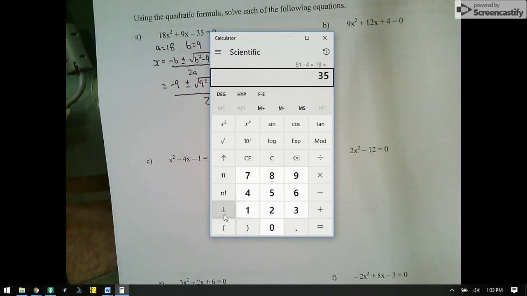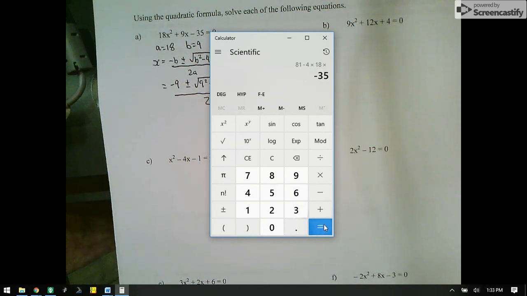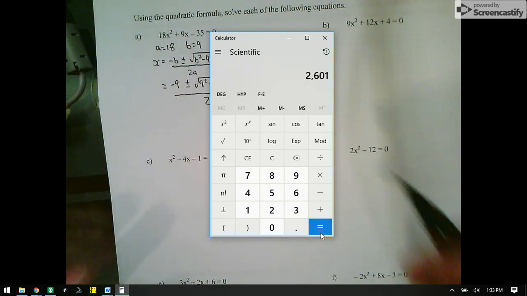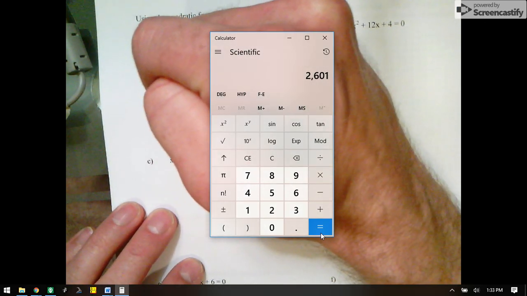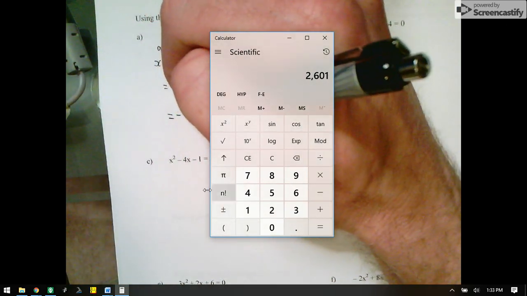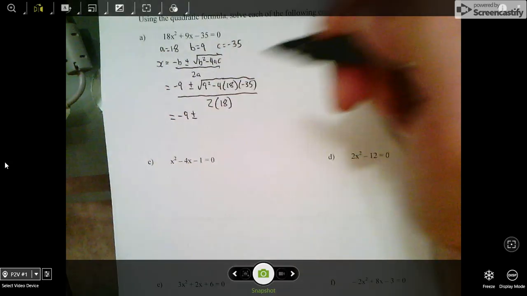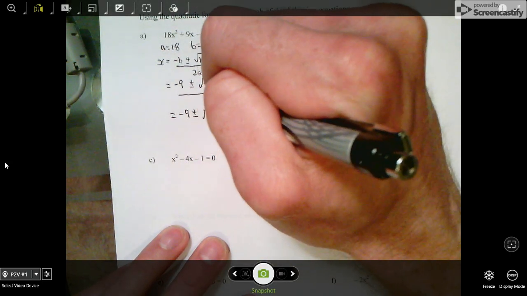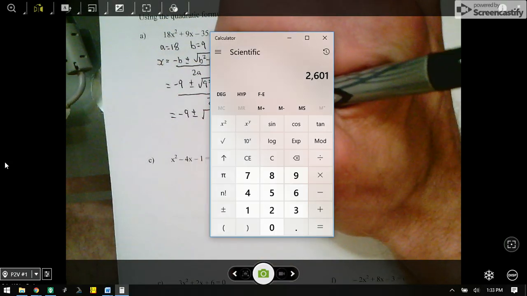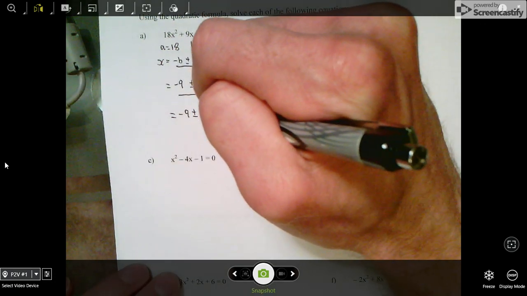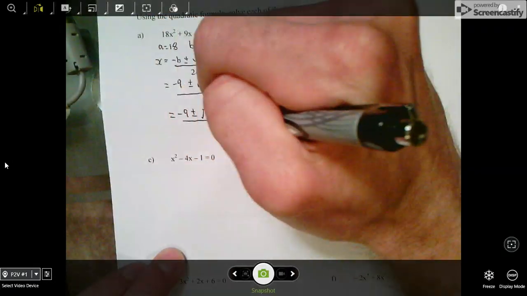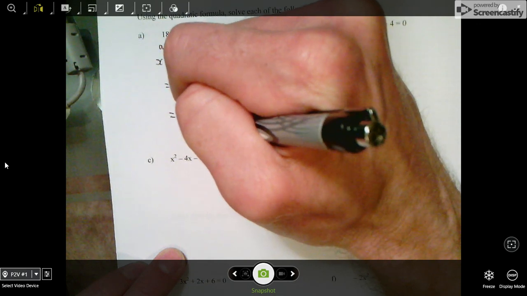So that's 35, and I'll make it negative. If I do subtract 35, it'll get all weird. It doesn't work out properly. So that is 2,601. So it's negative 9 plus or minus the square root of 2601 all over 2 times 18 is 36.